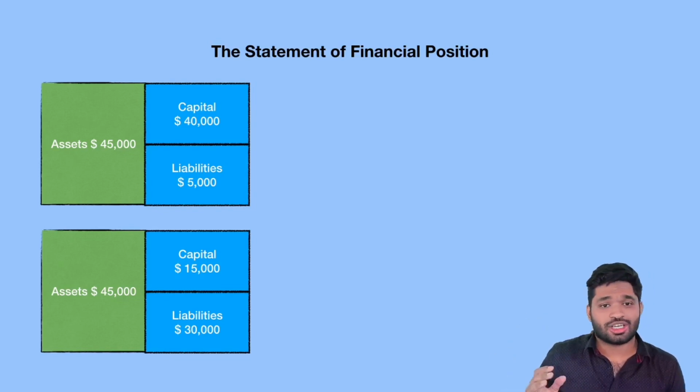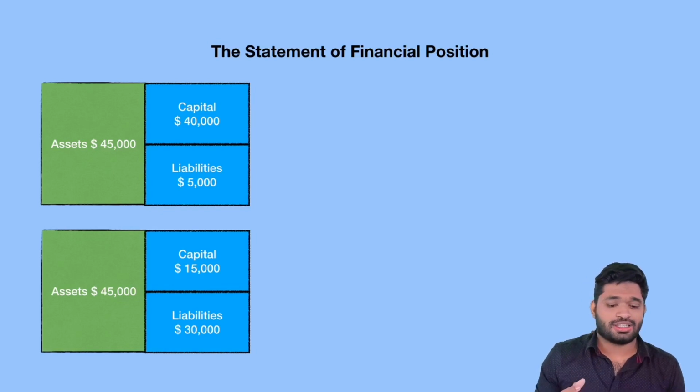So guys, if it is not a limited liability company, the owner will have to sell his own personal property to settle off this business debts. So what do you think about the financial health of this organization? Good or bad? The financial health looks to be bad, right?